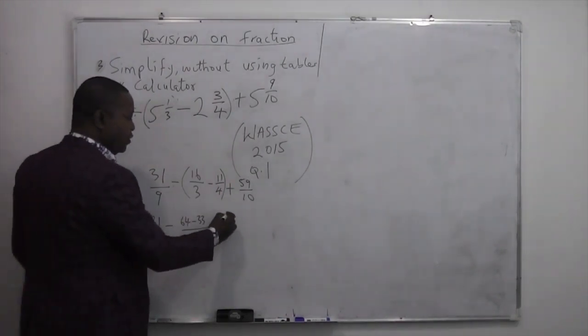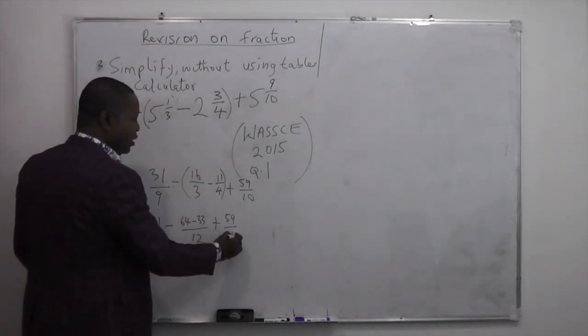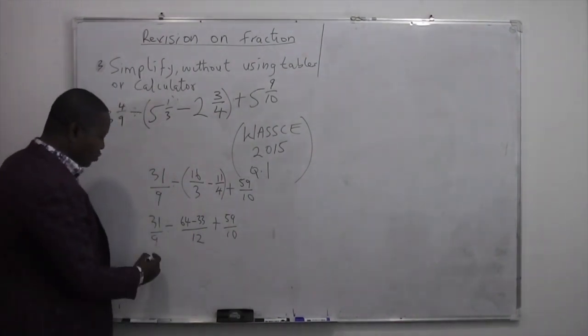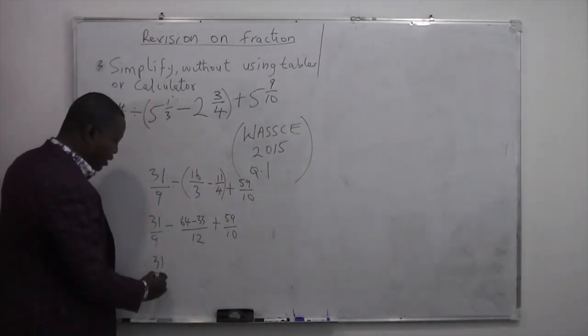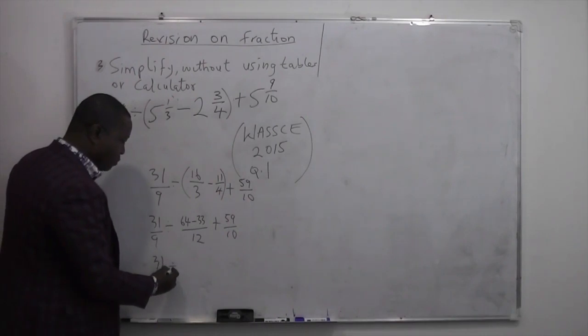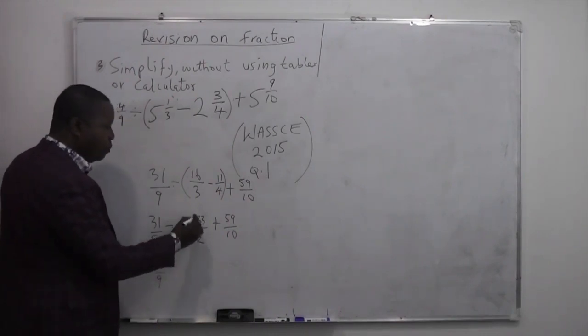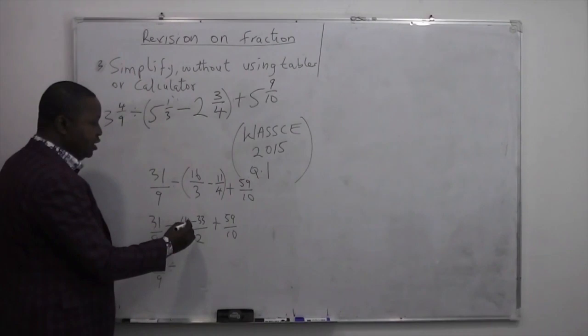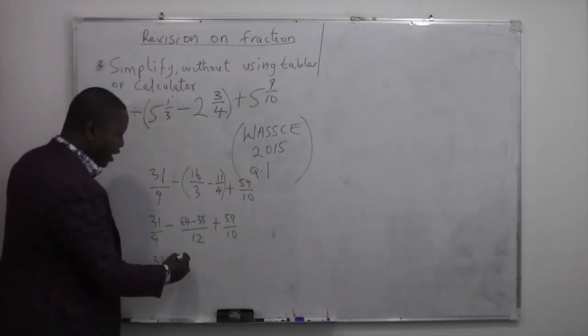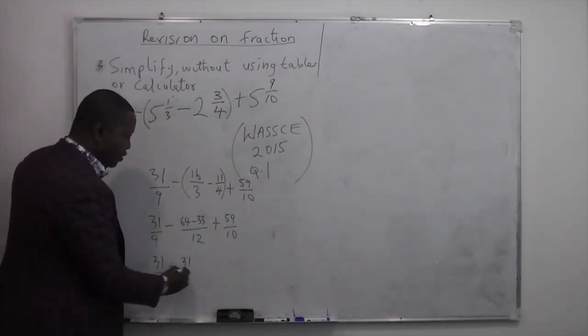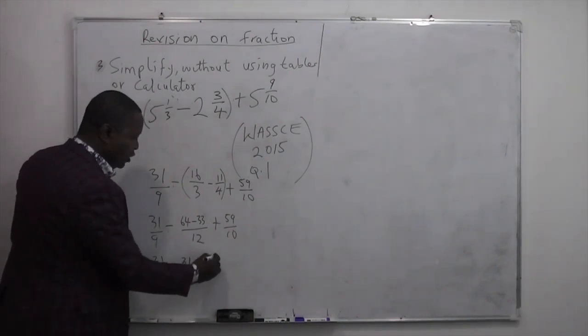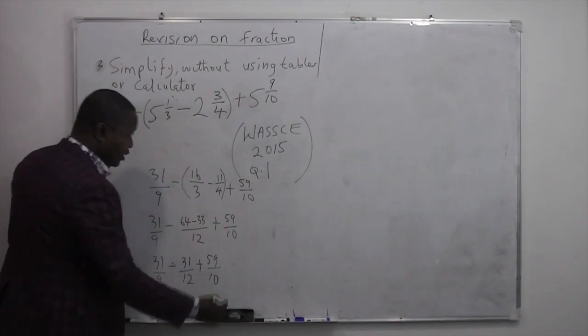Plus 59 all over 10. This takes us to 31/9 divided by 64 minus 33, which is 31. So I have 31 here all over 12 plus 59 all over 10.